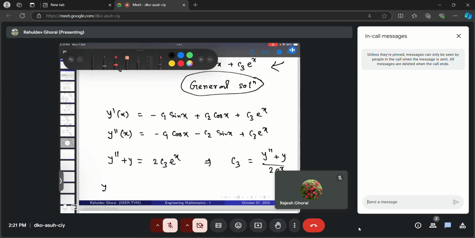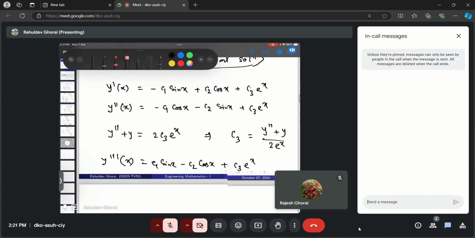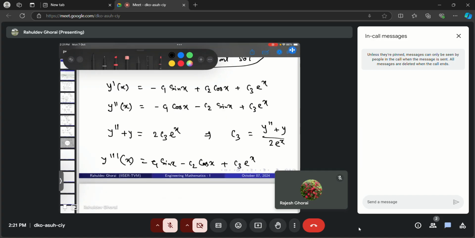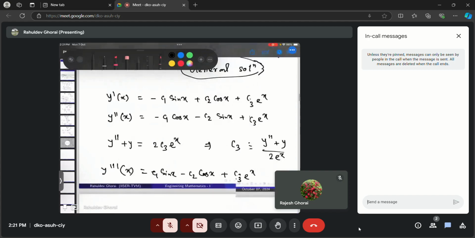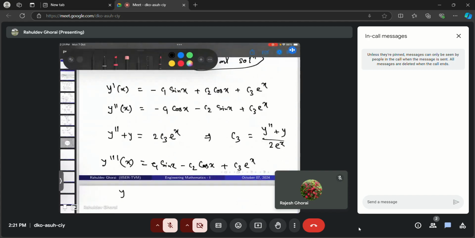Let me take another derivative. So y triple prime x will be c1 sin x minus c2 cos x plus c3 e to the power x. So now y triple prime x plus y prime x will also be 2c3 e to the power x.